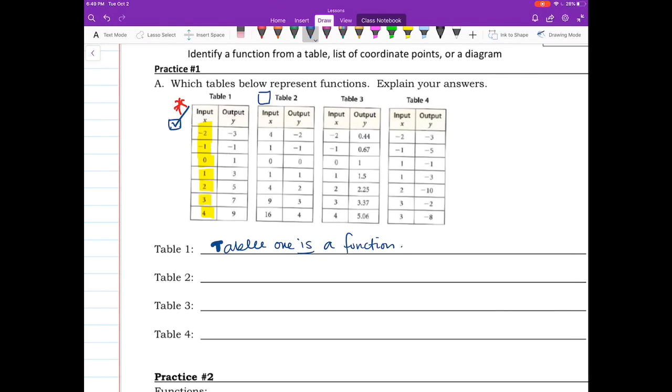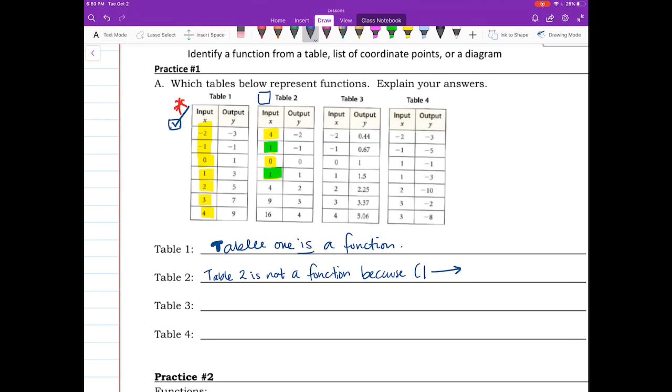Is this a function? Well, let's look at x's. 4, 1, 0, 1. Do you see that? That repeated. So table 2 is not a function. Why?